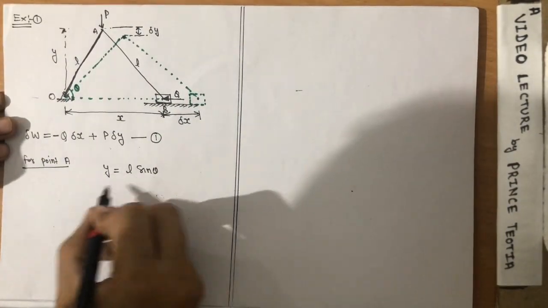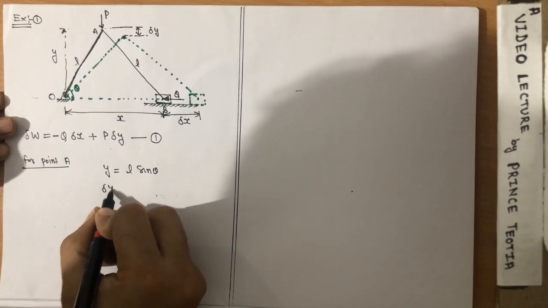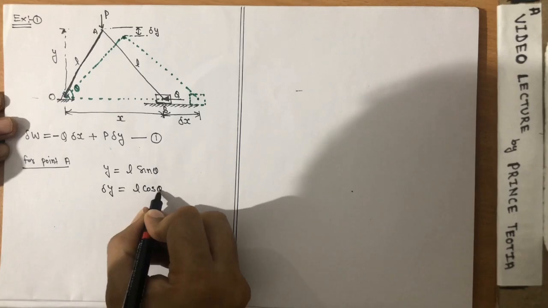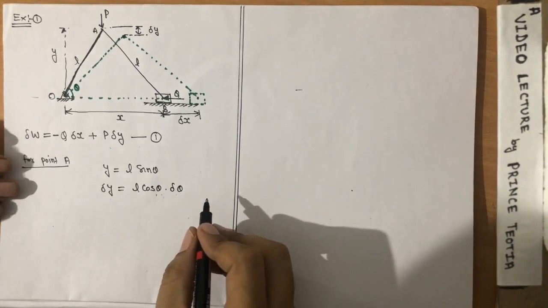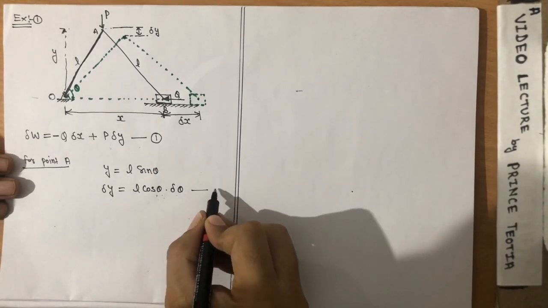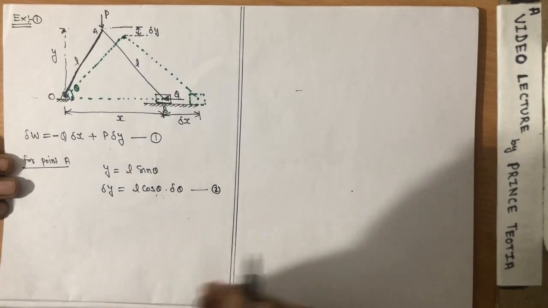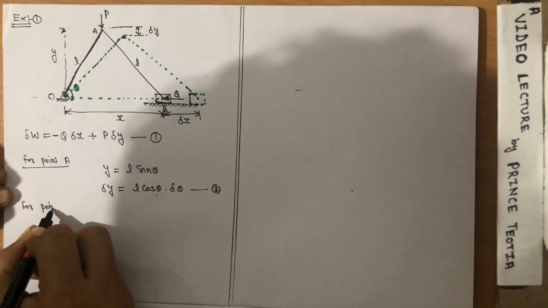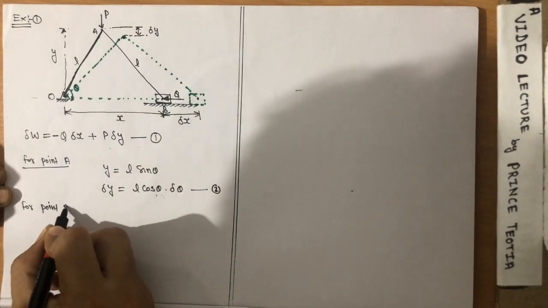Okay, now we can find out the del y, differentiate: L cos theta into del theta. This is the partial differentiation. Okay, this is the equation number 2 for point B.